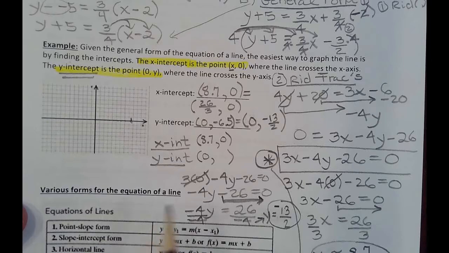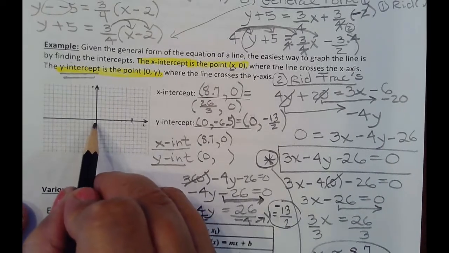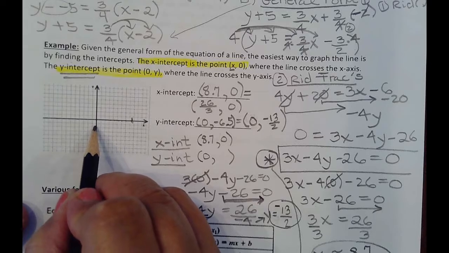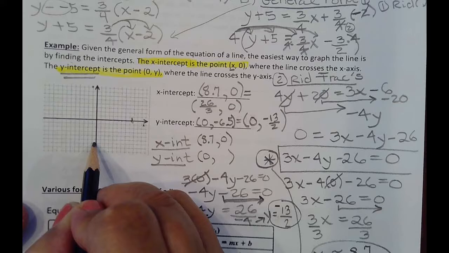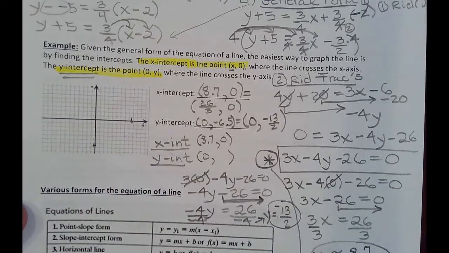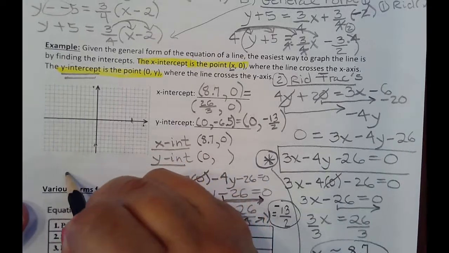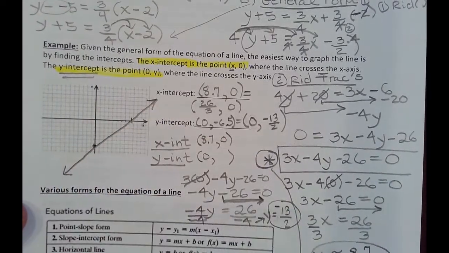And then on my y-axis, I'm going to go to negative 6.5. So that's going to be 1, 2, 3, 4, 5, 6, 7. So right in between there. So basically, you're just going to connect those 2 points. So connect those 2 points, and that's your line.